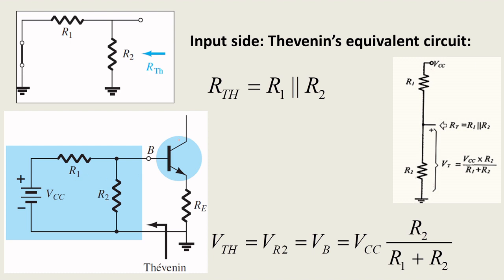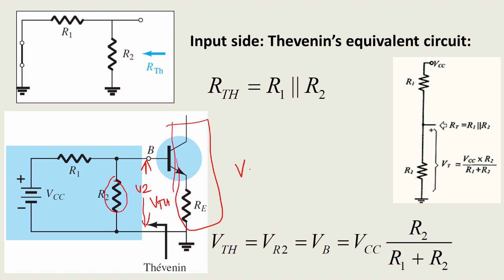This is very important. To find VTH, that means I want to find what is the drop across this R2, because this is a load, this is a simplified circuit that you explained in the last slide. So this is nothing but your VTH. We find the corresponding resistance divided by the sum of the total resistance times the source voltage.